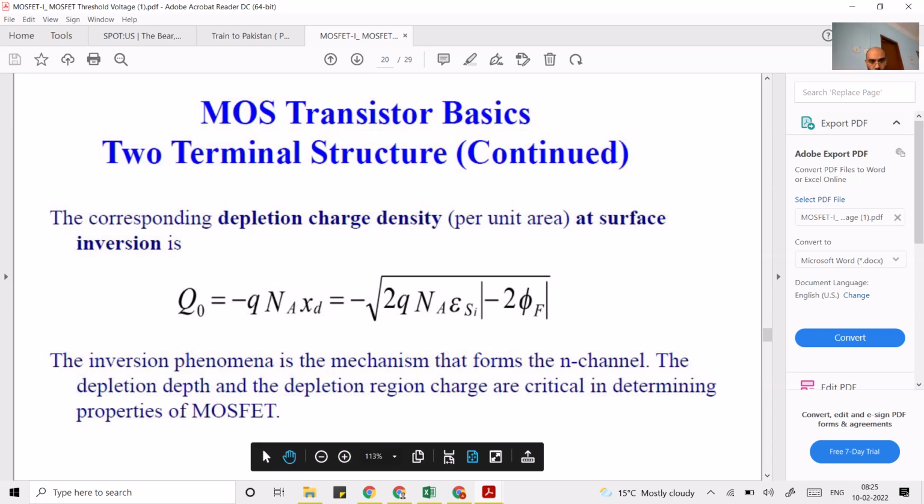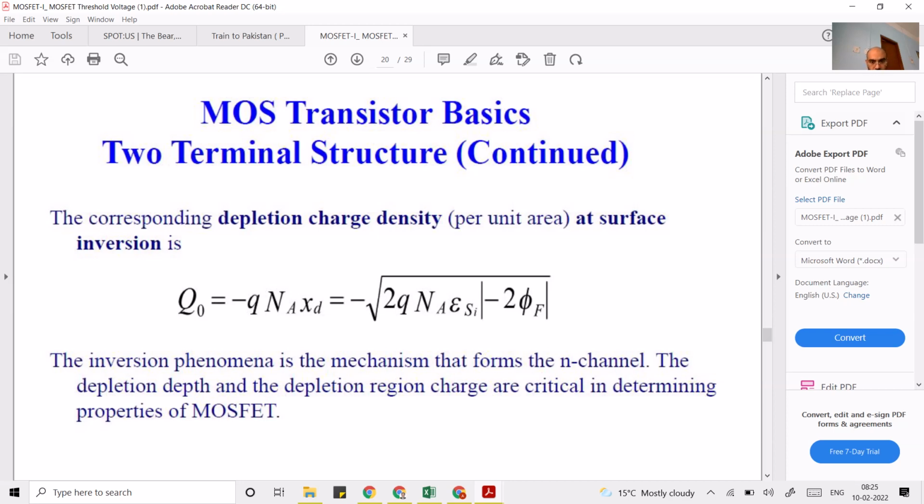This particular formula we have seen in the last class, how to get this. The depletion charge density is given by minus the square root of 2q N_A, the doping concentration, into the dielectric constant of the material, whatever material you are using, into the Fermi potential.